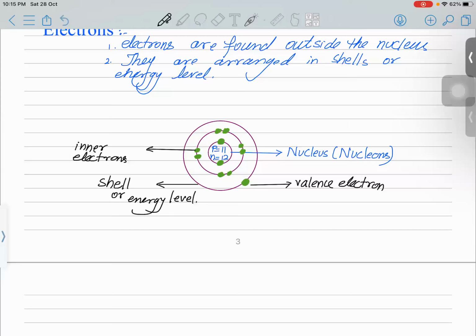Is there a name for the first shell? All shells are inner shells, except the valence shell. So all are inner shells, inner electrons.